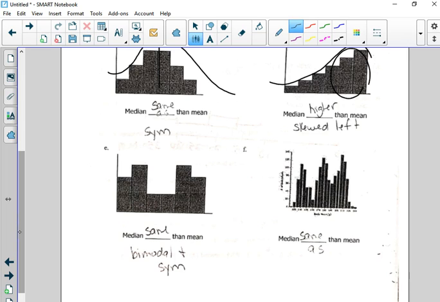This one's bimodal, because you've got here and here tied, two modes. Okay, and here we have the median is the same as the mean.